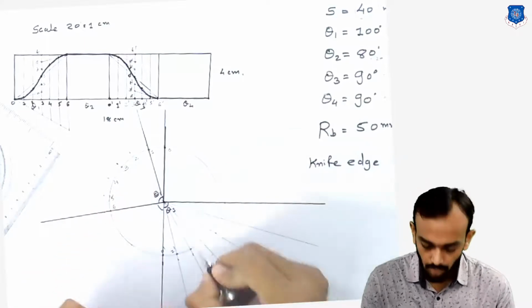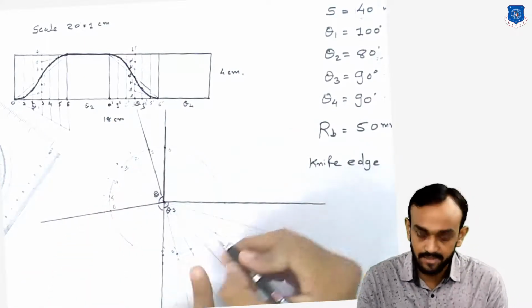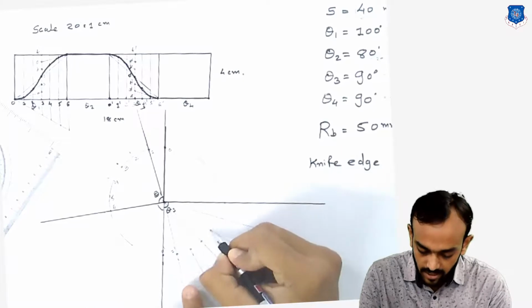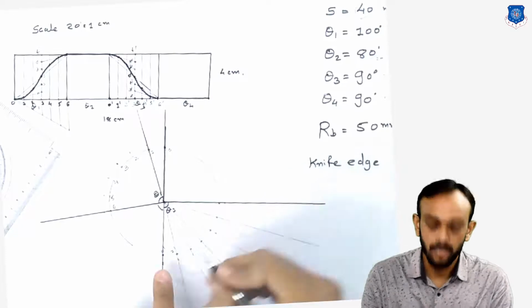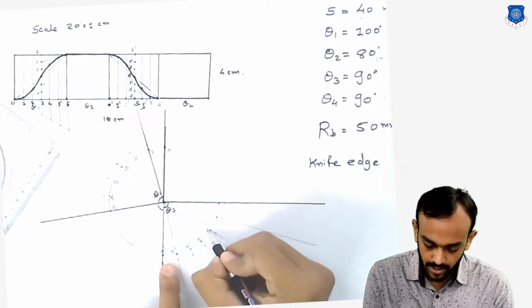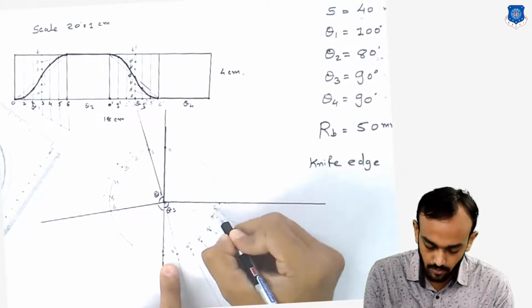But after that, the point where that line intersects the base circle is very important. We have to give this point numbering like 1 dash, 2 dash, 3 dash, 4 dash, 5 dash, and the last point is 6 dash.